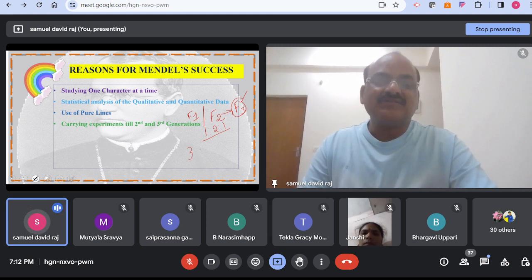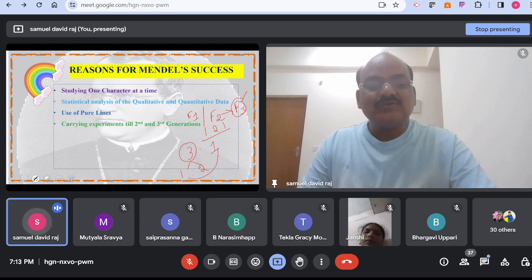In the F2 generation, there are three tall and one dwarf. Everyone knows. But Mendel continued his experiments till the third generation so that he could conclude that out of these three, one is pure tall, that is homozygous tall, and the other is hybrid tall, that is heterozygous tall.